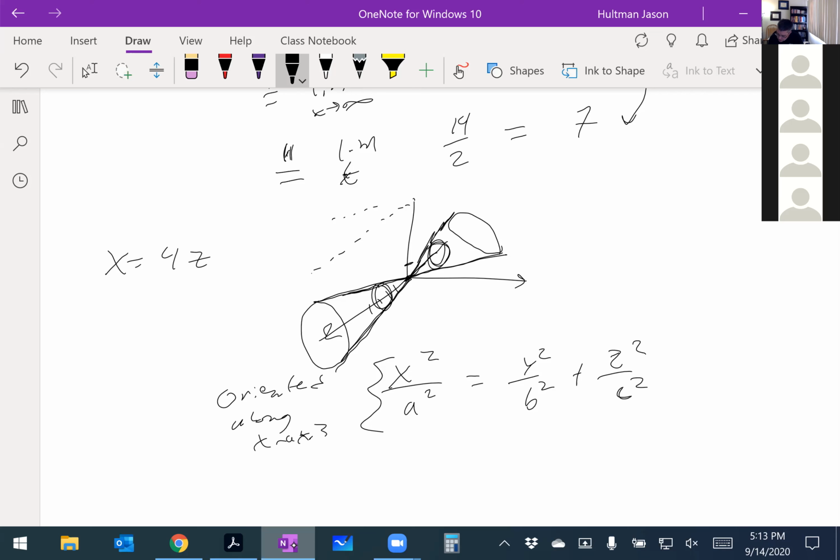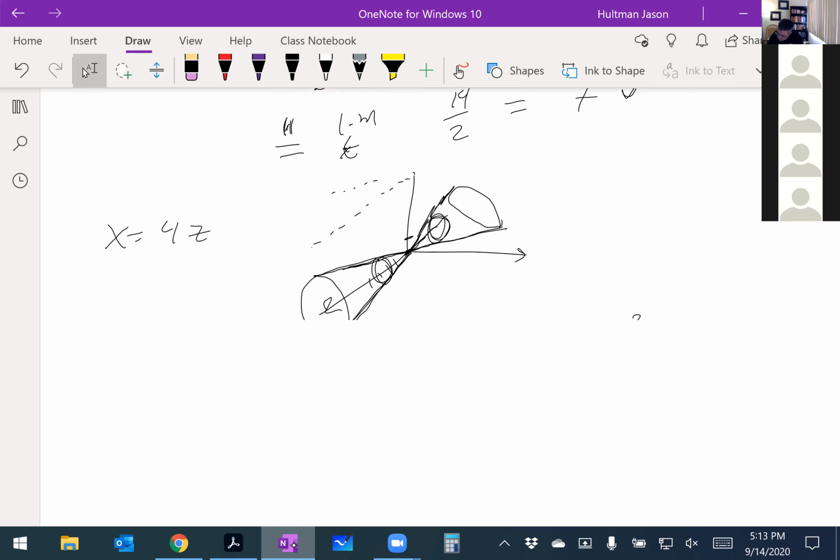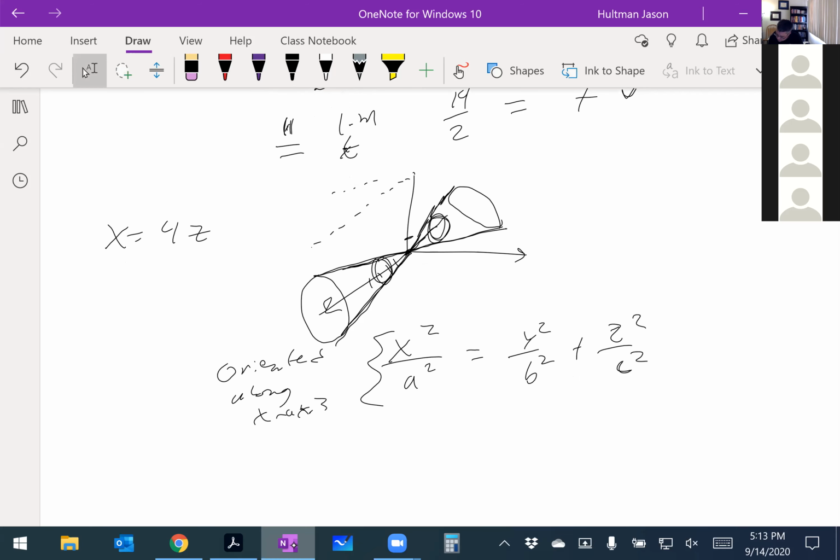Okay, so what do we know? We know that x is equal to 4z. So let me square both sides here.